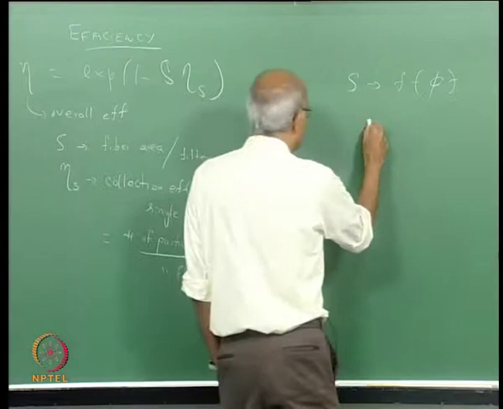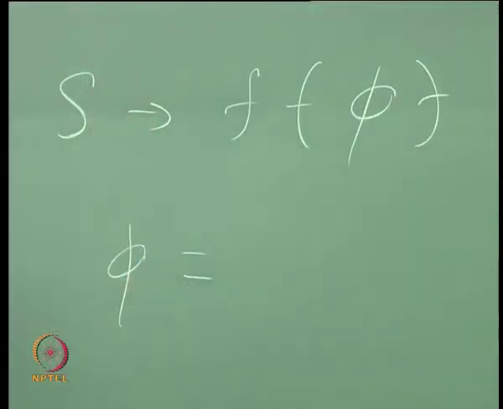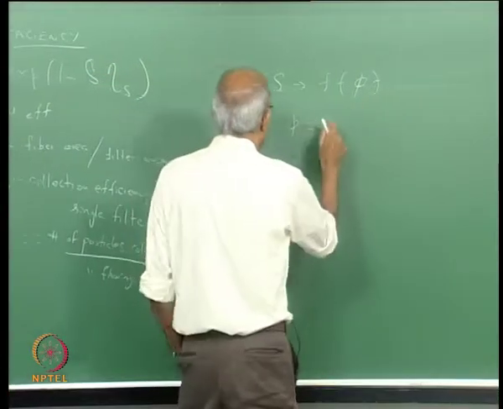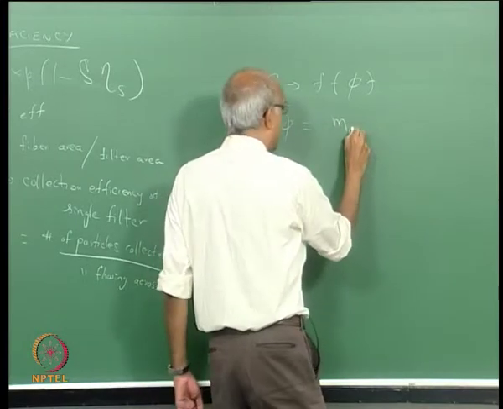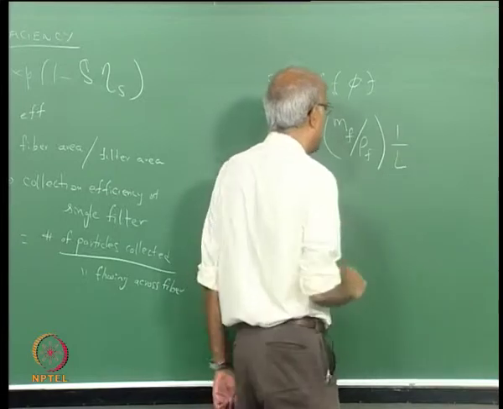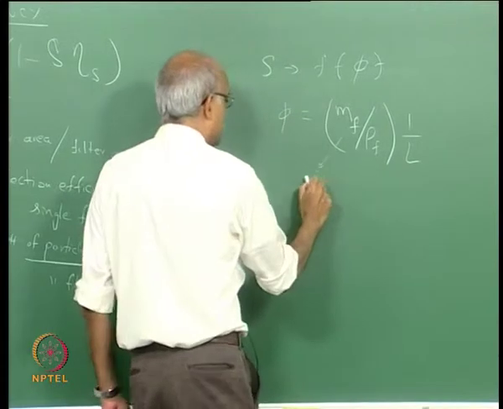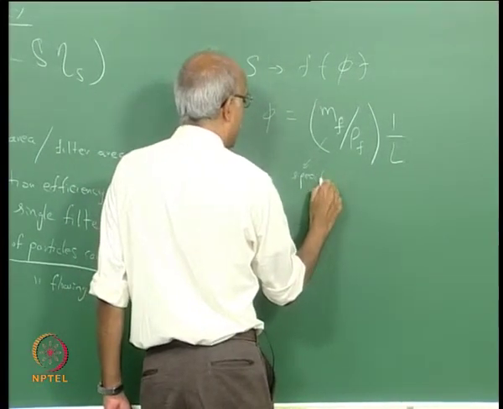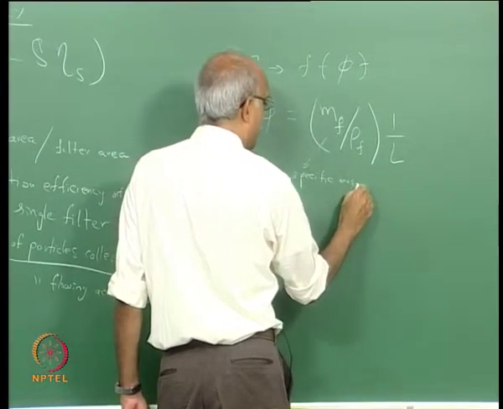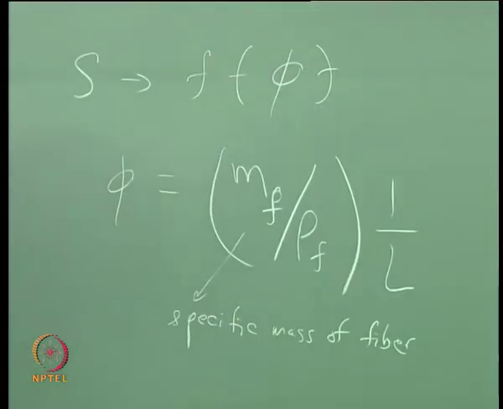Now, this volume fraction of the solid material in the matrix can be taken as MF over rho F divided by 1 over L, where MF is the specific mass of the fiber material, that is mass of fiber per unit area of packing.